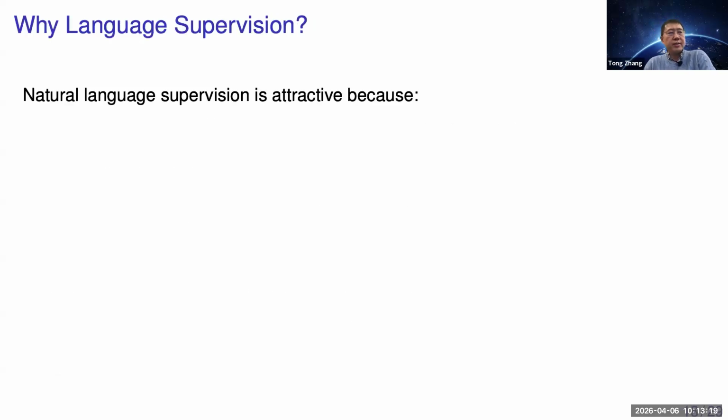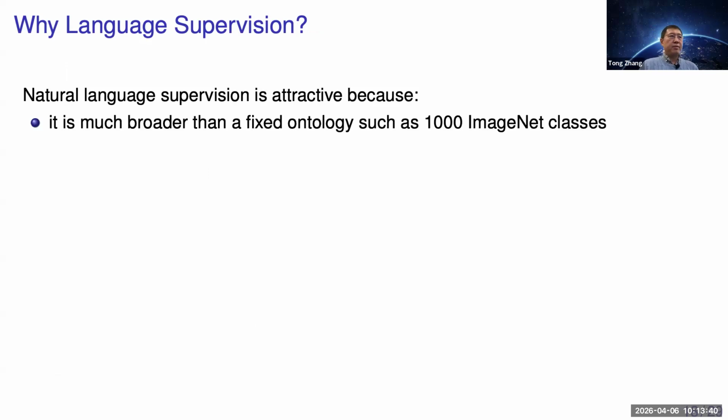There are two things about why they use contrastive learning, and that explains their thinking. There's another approach, image to text translation, which would be captioning. Natural language contains much more information than a class, right? It's broader than a fixed set of, say, 100 classes, and fixed labels are harder to get.